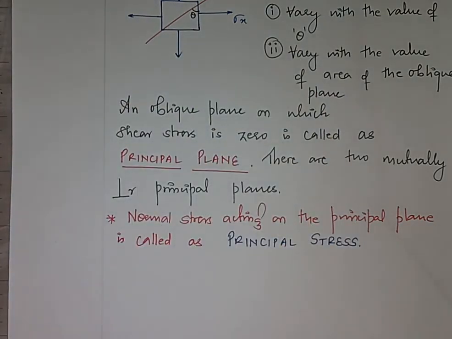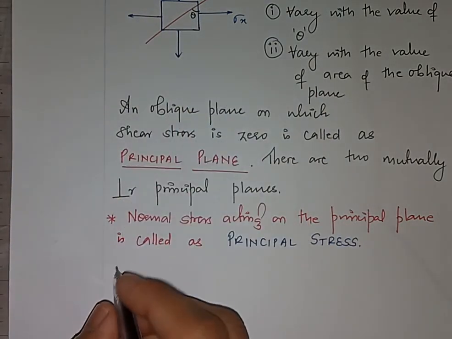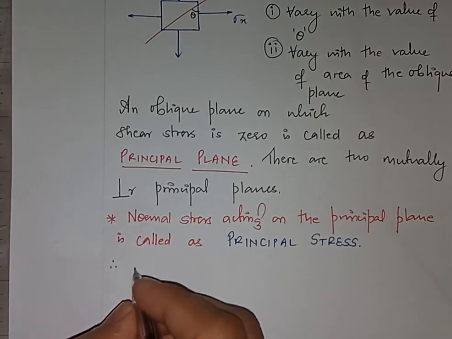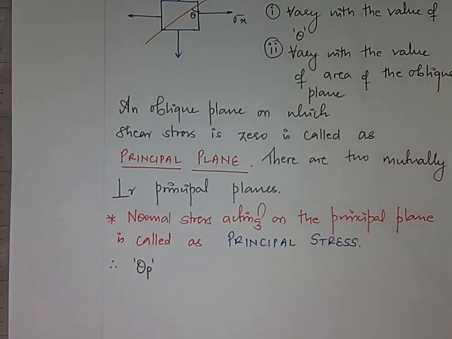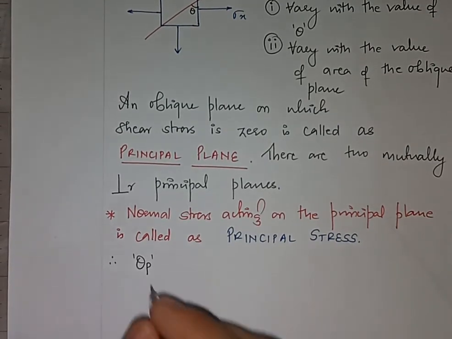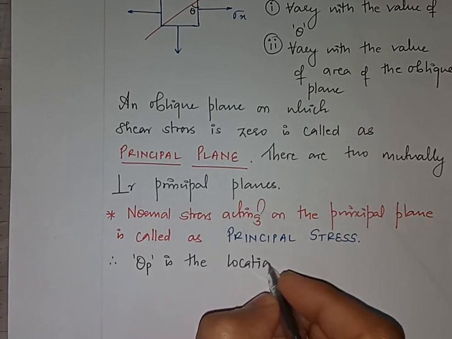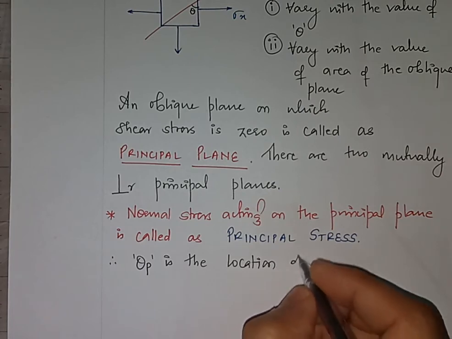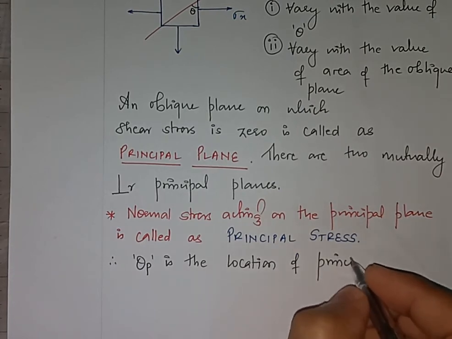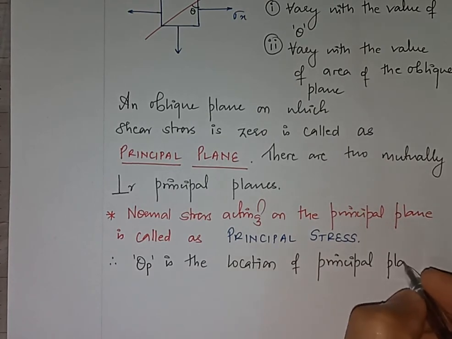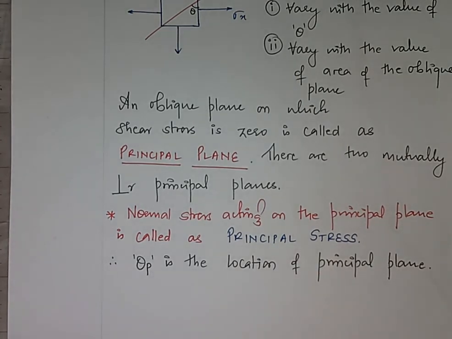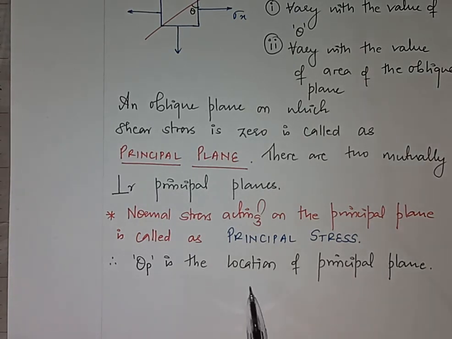Therefore I call it theta subscript p, which is the location of the principal plane. So you locate the principal plane and find the normal stress on that, which gives you principal stress, and the corresponding strain caused is nothing but principal strain.